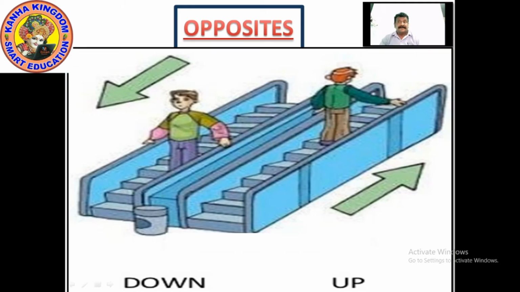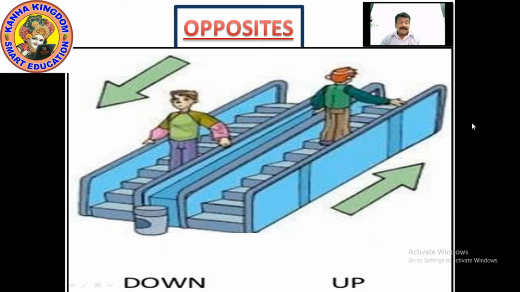Here you can see opposites. There are 2 arrows shown, down and up. The down arrow is pointing downwards.